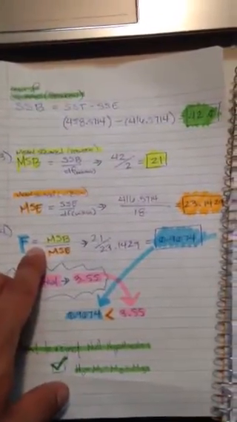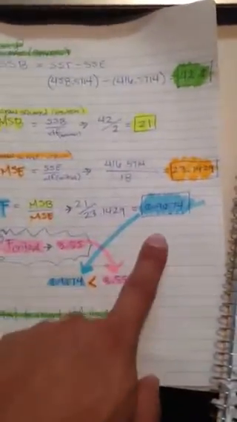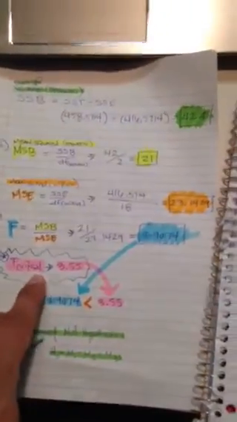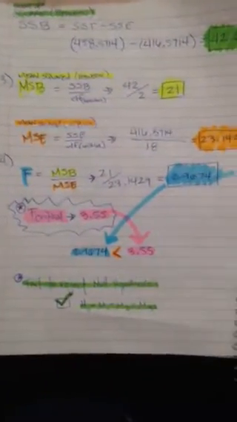My F value here, I'm just plugging in my numerator, my denominator. I get my F value that is not greater than my critical value, which I found on the F table. And so I fail to reject the null hypothesis, and my ANOVA table for that is right here.